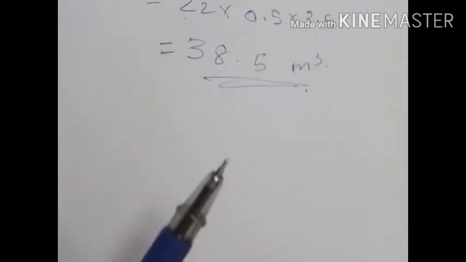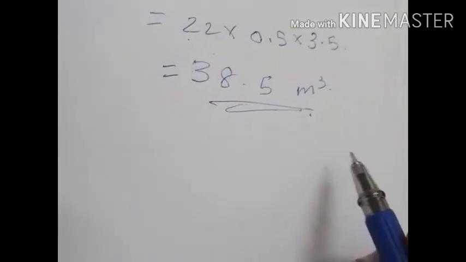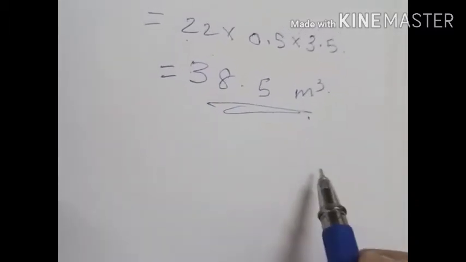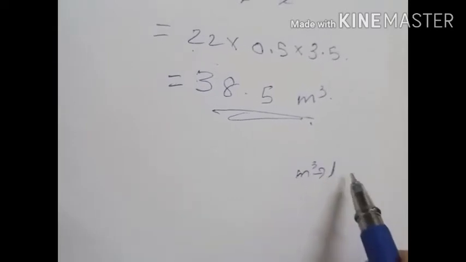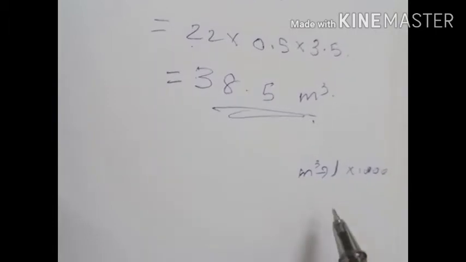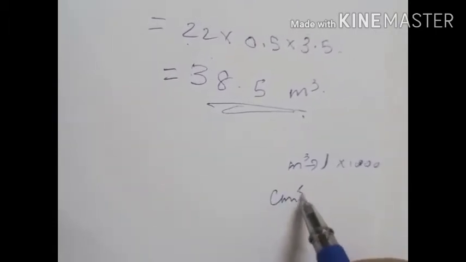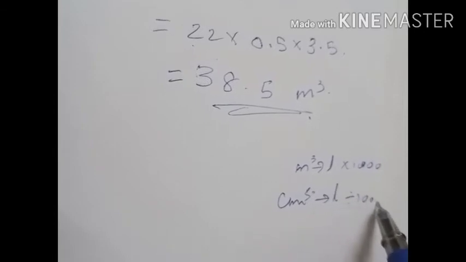But in the question they asked to find the answer in kiloliter, capacity in kiloliter. So in the last session we discussed one question to convert meter cube to liter. What we should do? Multiply by 1000. Then centimeter cube to liter. What we should do? Divide by 1000.